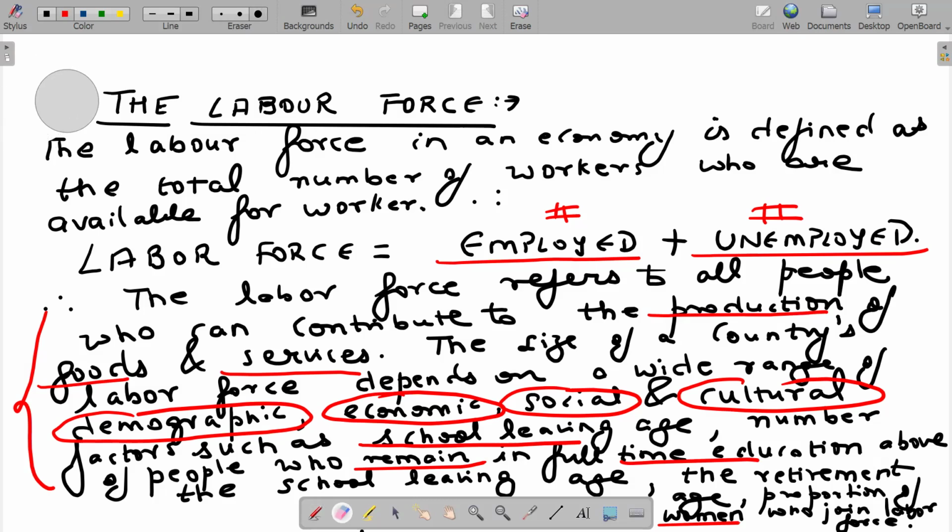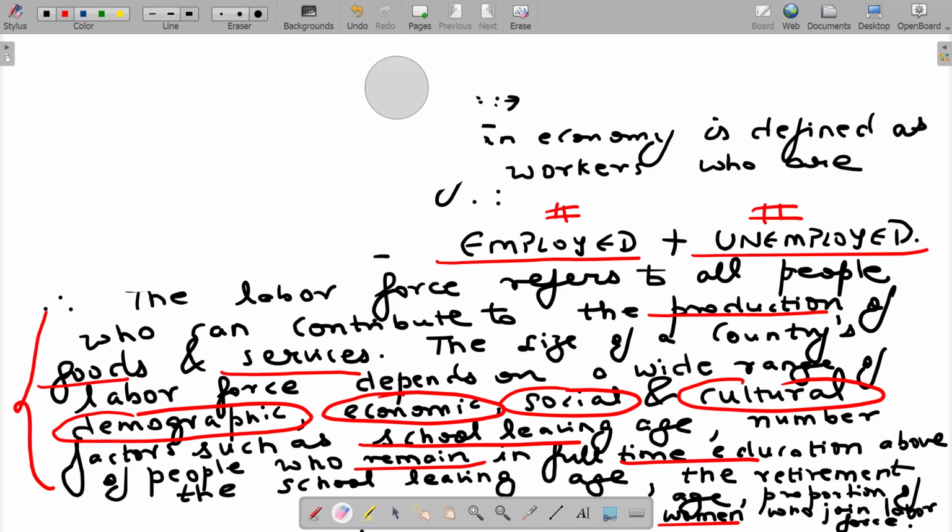Then, let me further write a note on the top. I am erasing the initial portion.